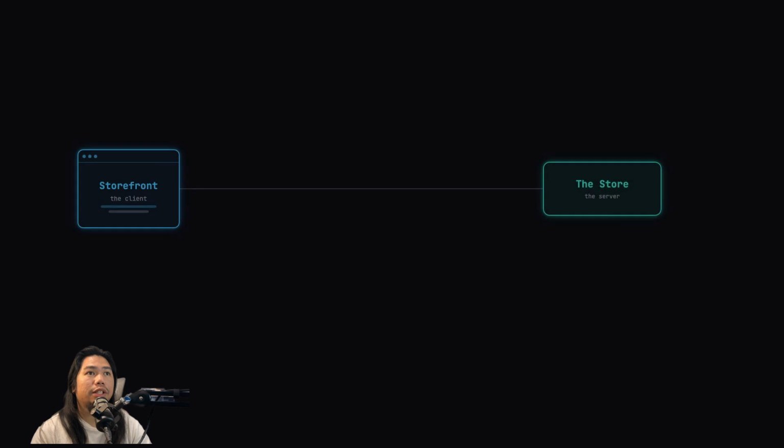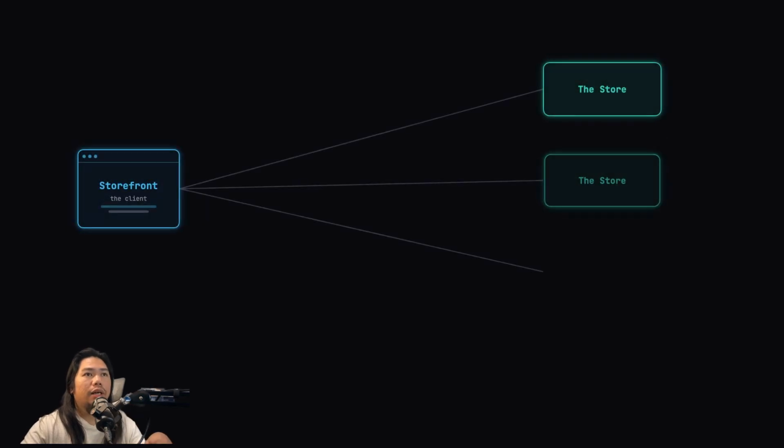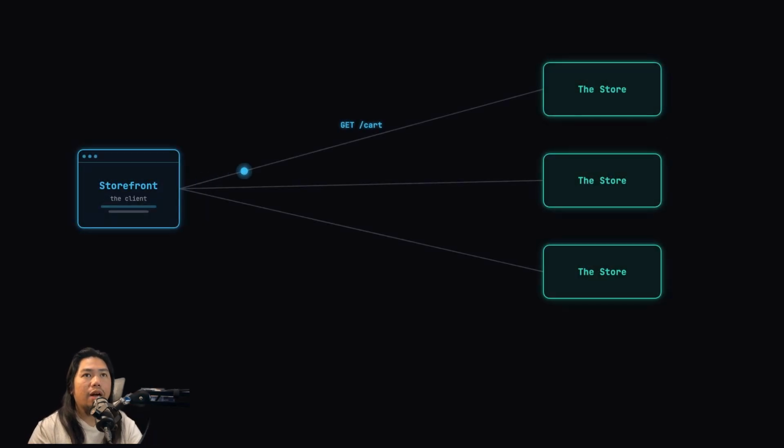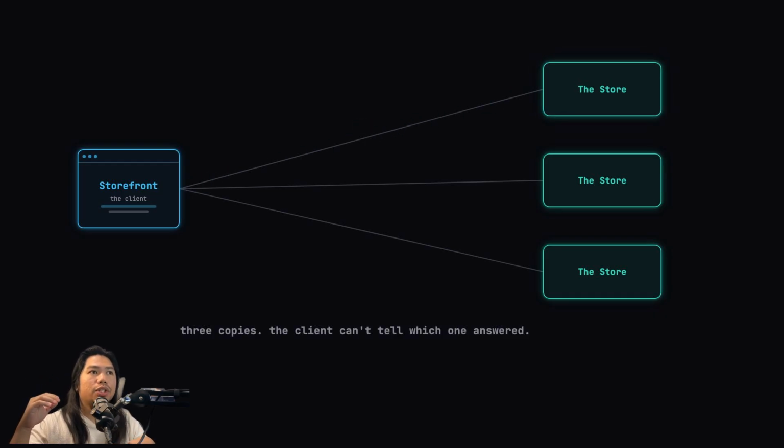Remember from the HTTP fundamentals episode that HTTP has amnesia. REST keeps that property on purpose, and it matters a lot because if the server remembers nothing between requests, then any server can answer any request. I can run 3 copies of the store backend, send each request to a different copy or instance, and the client can't even tell that it's happening.